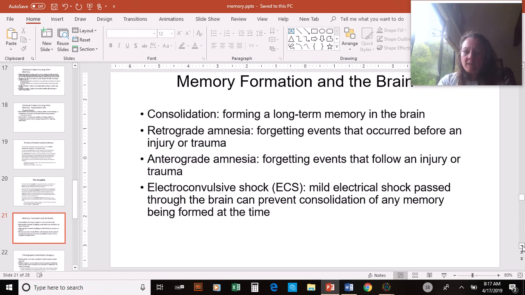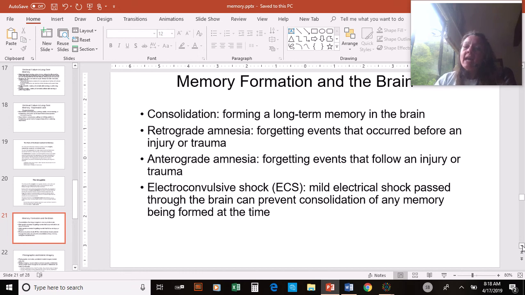And then when we're looking at how memories form in our brain, like we said, a lot of it is done through consolidation, and consolidation is through that associative process. And when it comes to memory formation, we can have something called retrograde amnesia, where you have some damage to the brain that causes you to forget events that occurred before, so you lose memory of your past.